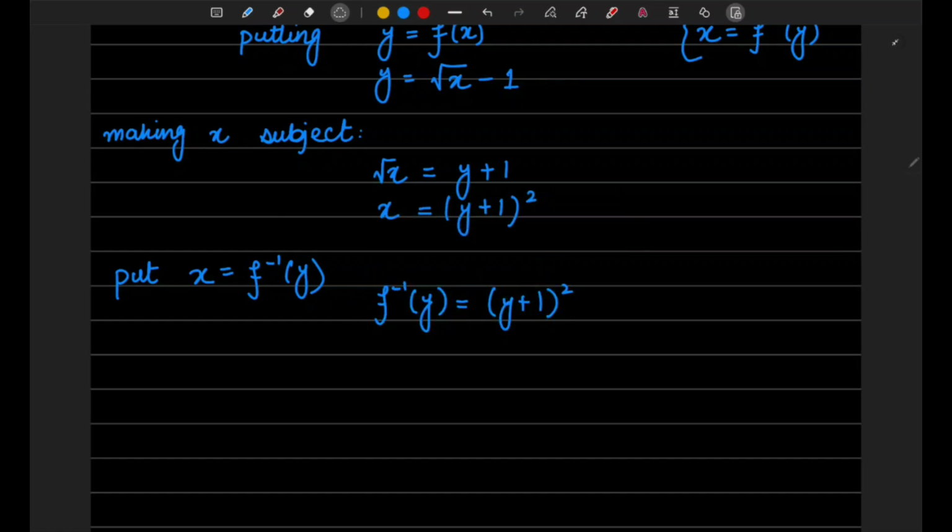Now lastly we will be changing y with x. Change variable y with x.